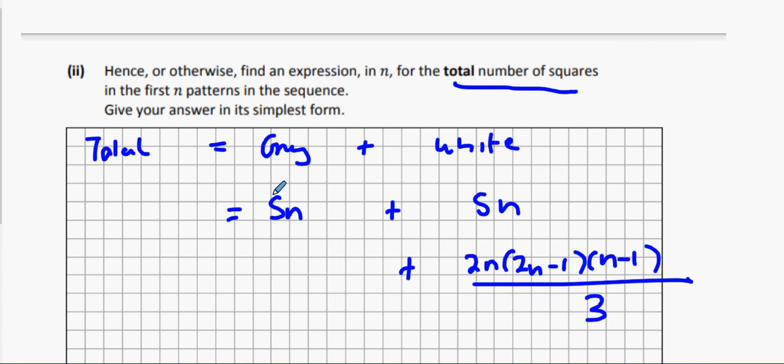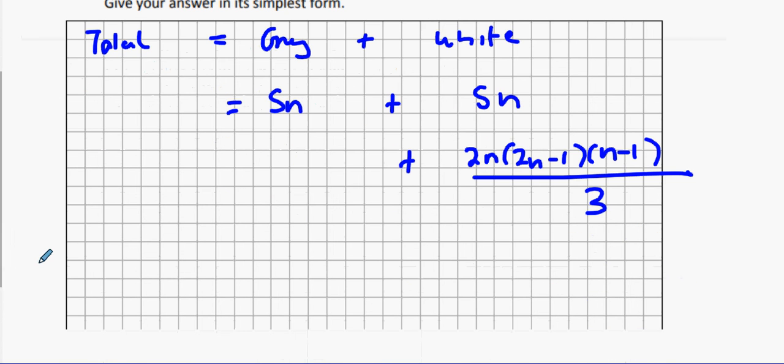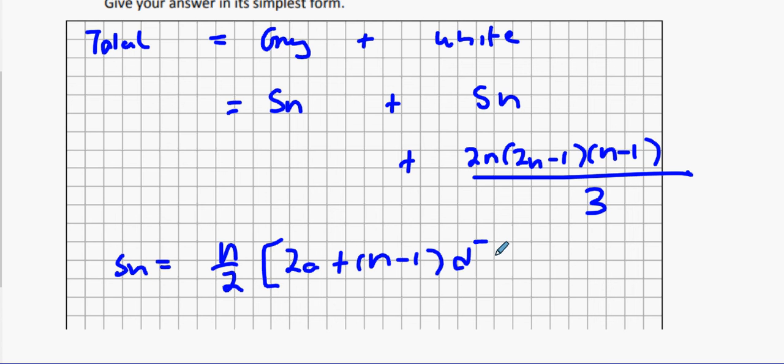Now, we have to get the sum of the series for the grey one. It's an arithmetic sequence, so you look up your sum of a series for an arithmetic sequence, and this is what you get. And what did we learn about the grey sequence earlier?